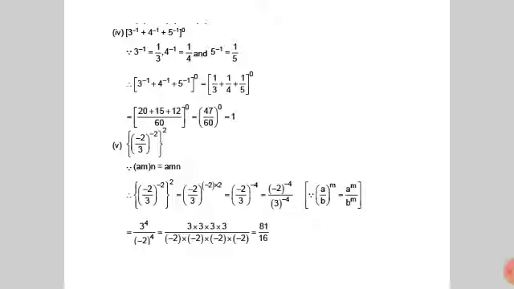The powers are negative, so by the negative law of exponents convert to the reciprocal: 3 power 4 divided by minus 2 power 4.